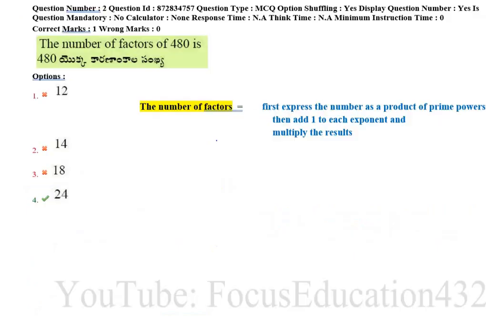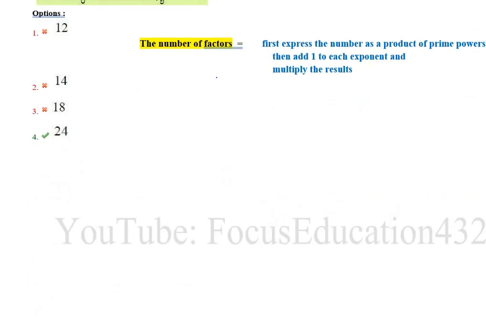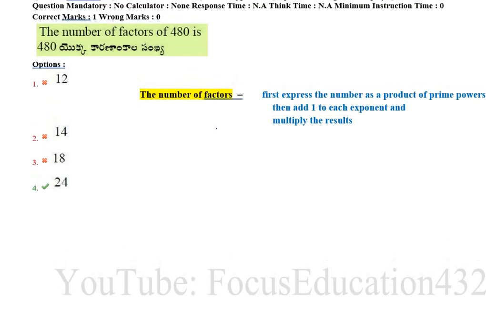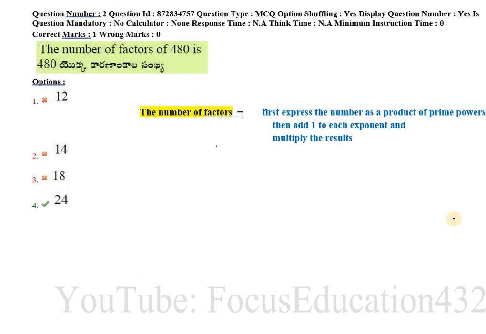Now moving to question number 2. The number of factors of 480. For 480 we have to find how many factors we will get. For this we have something like a rule or a definition.